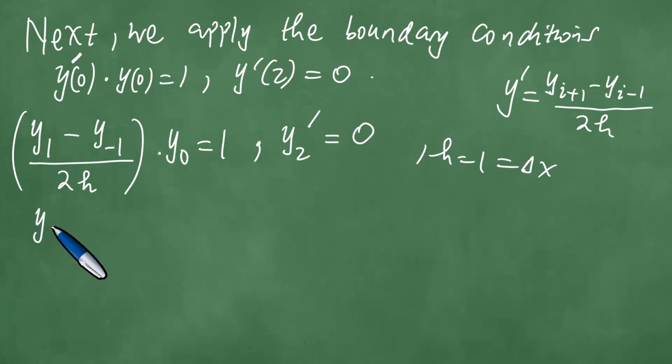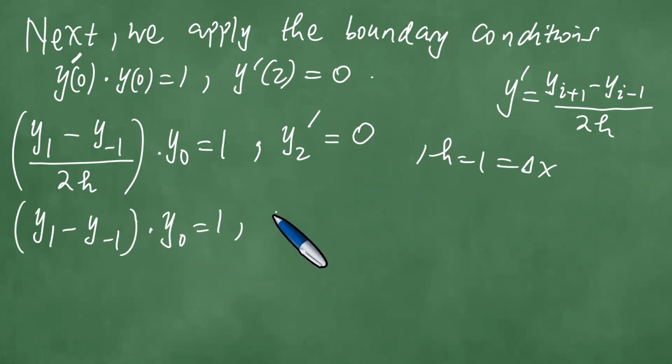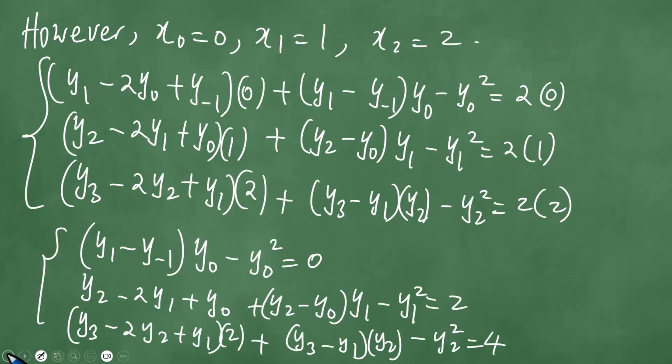So this one is going to be exactly y1 minus this. And then you have y0 and y2 like this. We can distribute and look at similarities here.